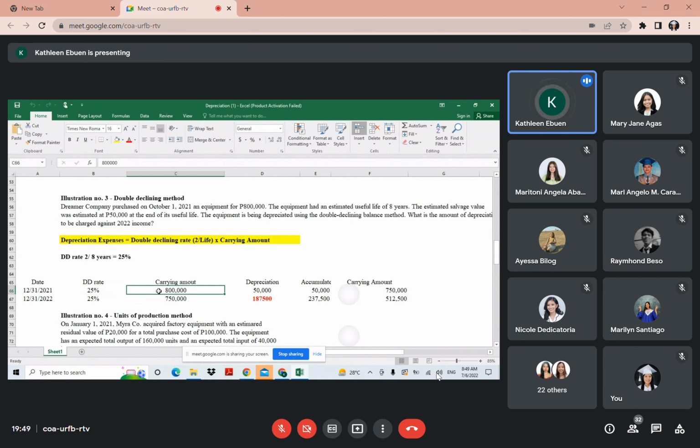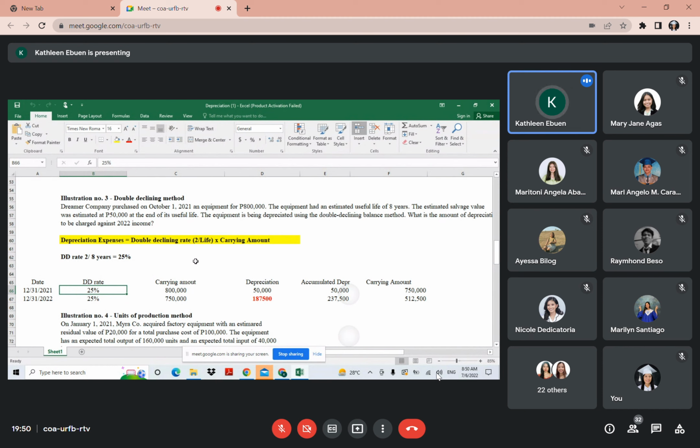The depreciation po is 50,000. Accumulated depreciation, of course, 50,000. Bakit 50,000? 800,000 times 25%, magkano yan? 800,000 times 25% is 200,000. Pinili kasi natin yung equipment ng October 1, 2021. So, mag-start tayo mag-depreciate ng October, November, December.